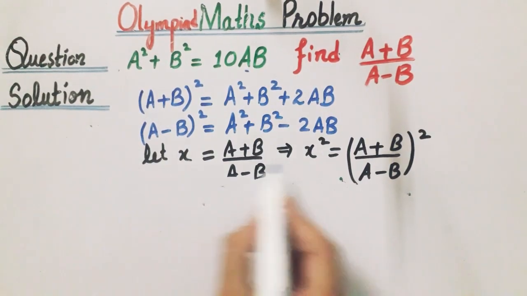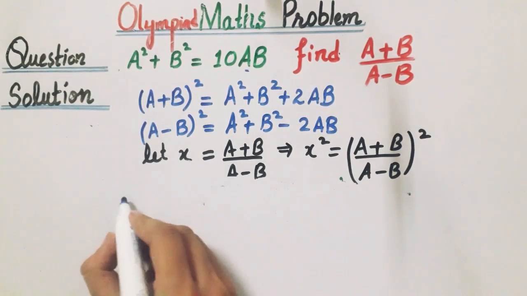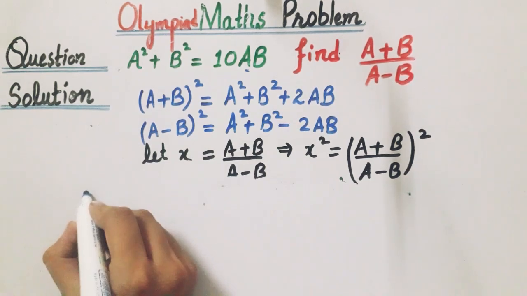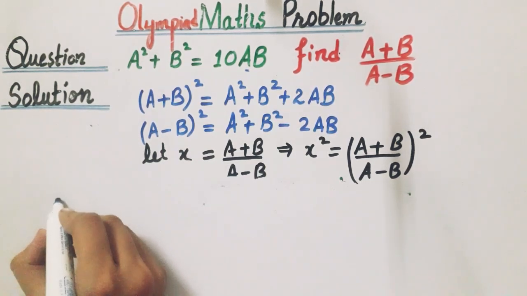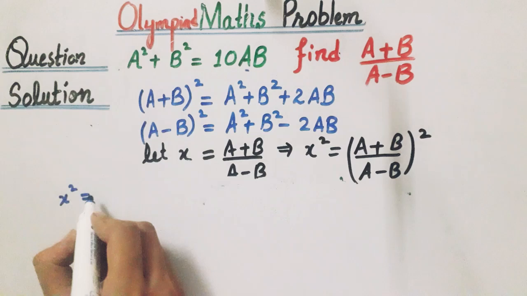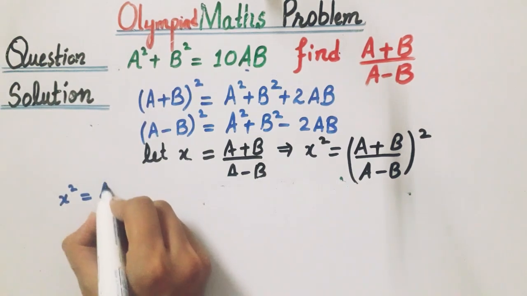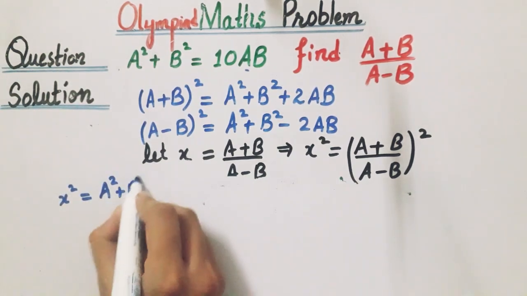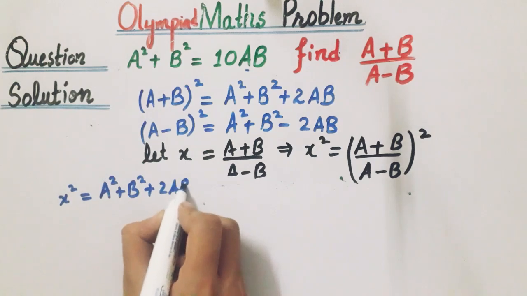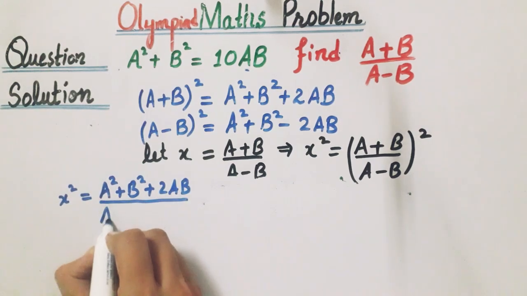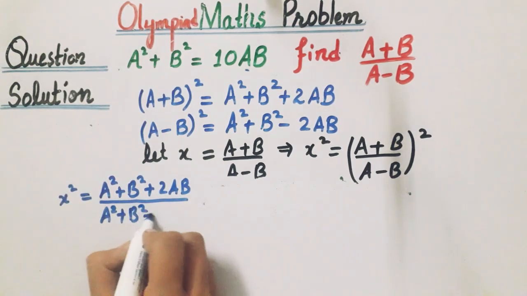So this will become x² = (a + b)², meaning a² + b² + 2ab, divided by a² + b² − 2ab.